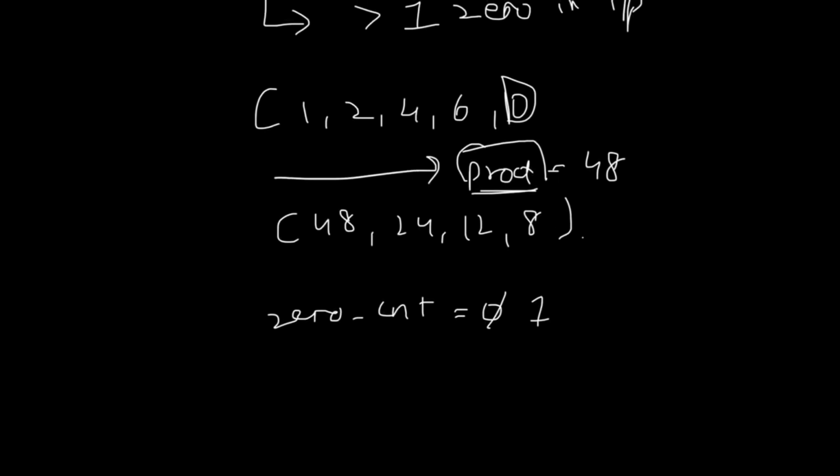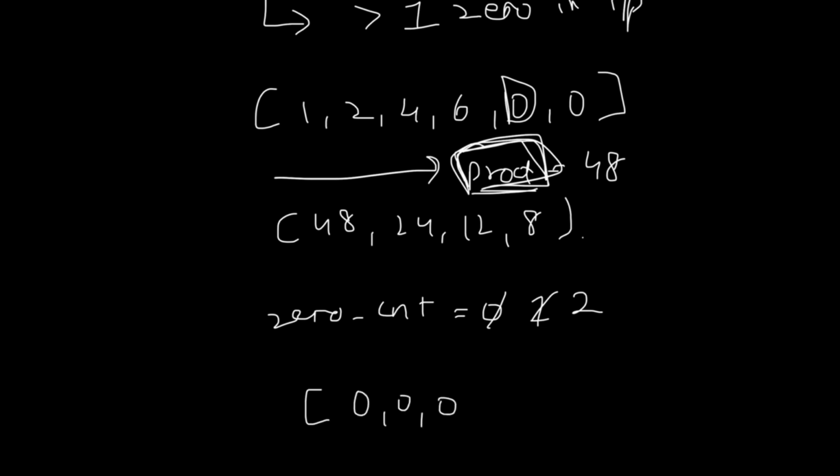So what we'll do is we'll increase our 0 count from 0 to 1, but we will still continue to keep track of our product. And then when we see that the zero count increases to 2 when we added another zero in our input, at this point we can just return an array which is the same size of our input array but is full of zeros, because even when we come across either of these elements, the zero elements, the product will still be zero because the other zeros contribute to the product.